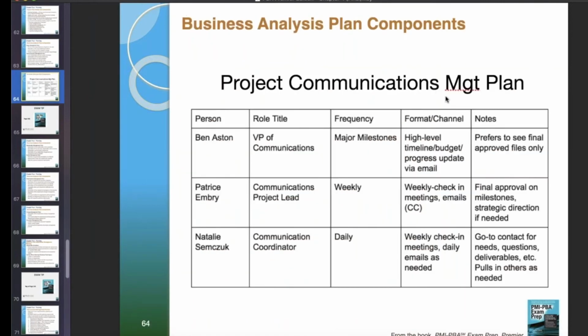In our communications plan, this is just an example of what one can look like. Pretty rudimentary, pretty straightforward. The person, their title, that's their role title. I don't like the way that reads. Frequency, format, channel, and any particular notes about communicating with them as well.